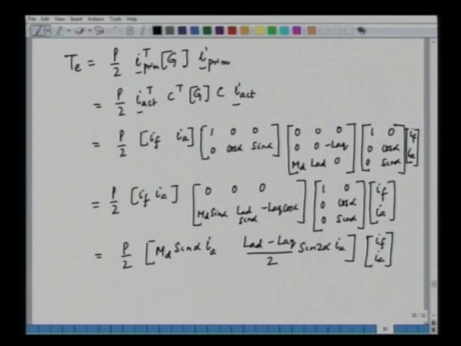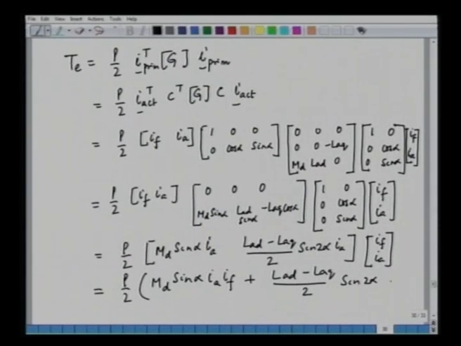Okay. Now, further if you simplify this, we get P by 2 MD sin alpha IA IF plus LAD minus LAQ by 2 into sin 2 alpha IA square.